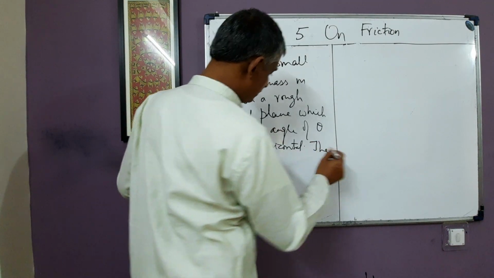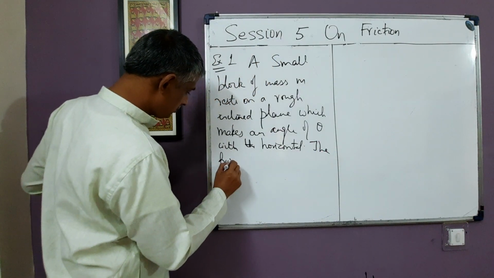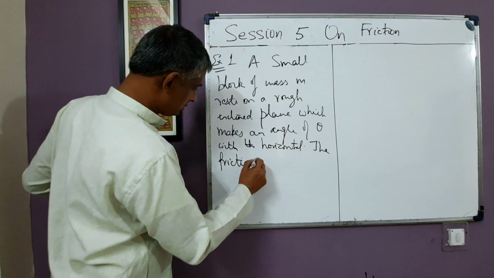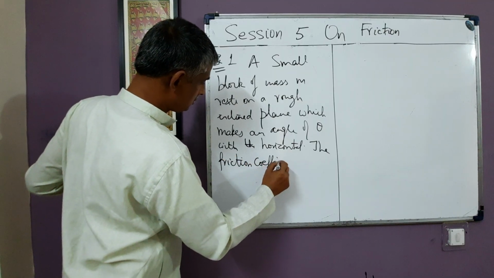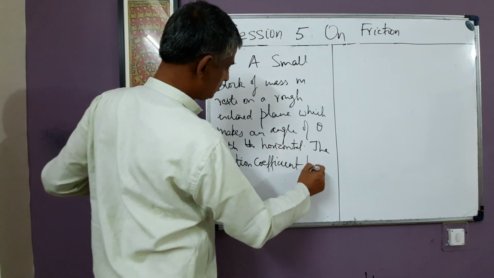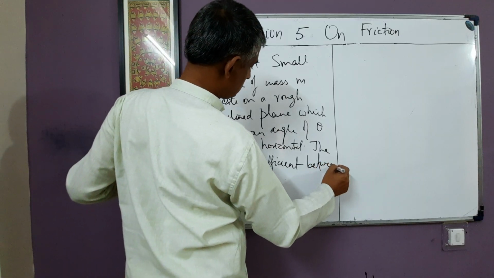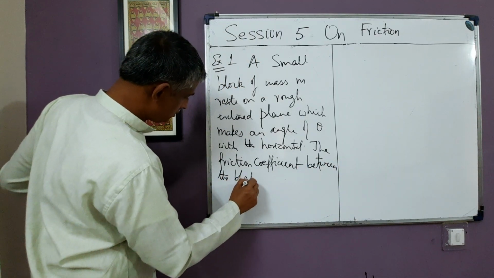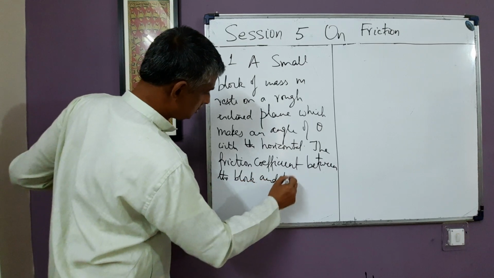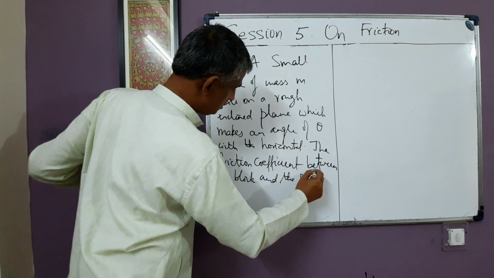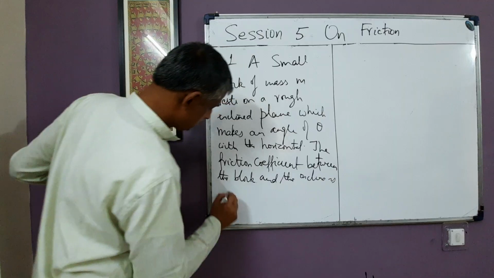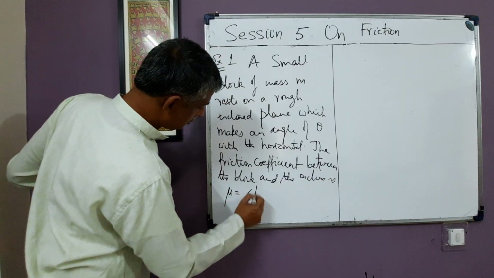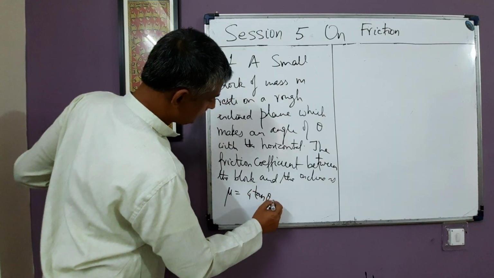The friction coefficient between the block and the plane is mu is equal to 4 tan theta.